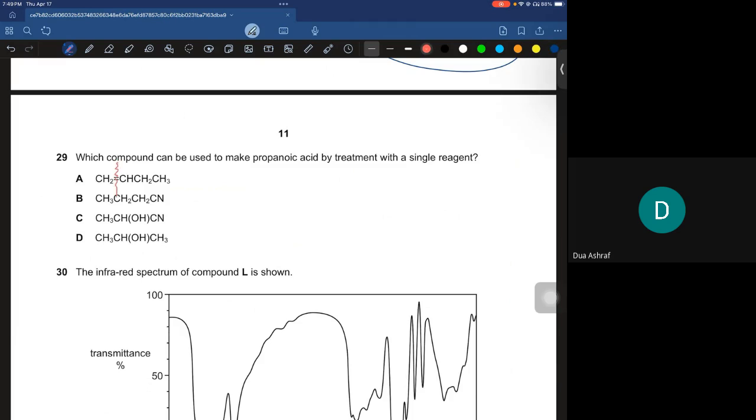When you break down this double bond, propanoic acid would be formed because it's a 3 carbon atom, and for this, CO2 would be produced, as we discussed in oxidation of alkene by hot KMnO4. The other can be oxidized, but it would give you a ketone because this would be a secondary alcohol. They're talking about propanoic acid, which means a carboxylic acid.